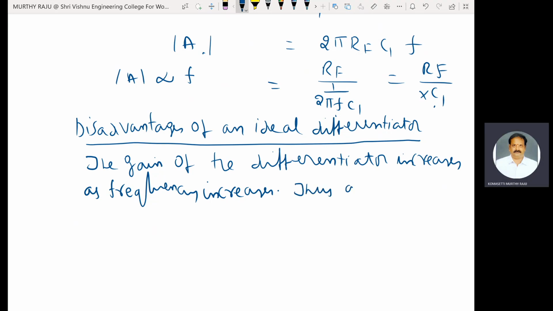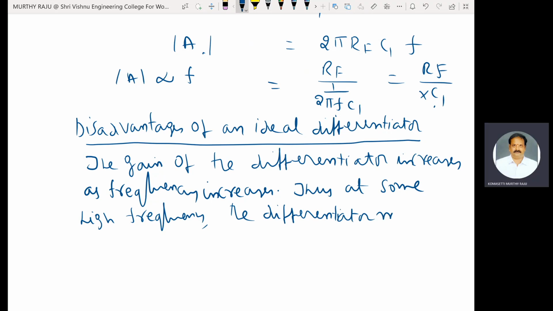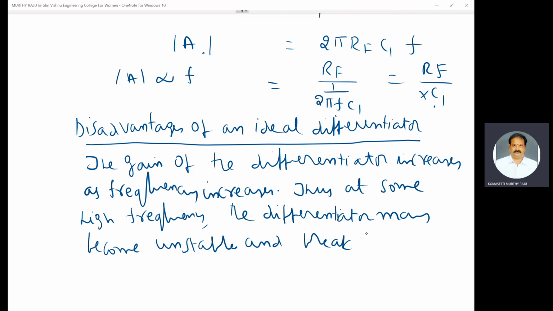Thus, at some high frequency, the differentiator may become unstable and break into the oscillations.